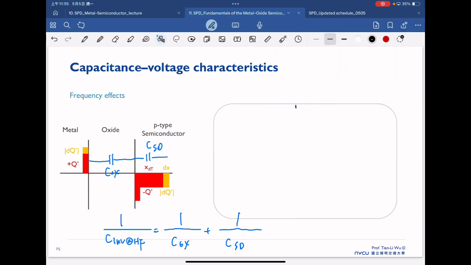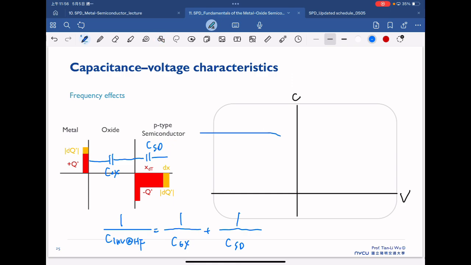So the CV characteristic original at the low frequency will have this kind of a curve. This is a case of a low frequency.